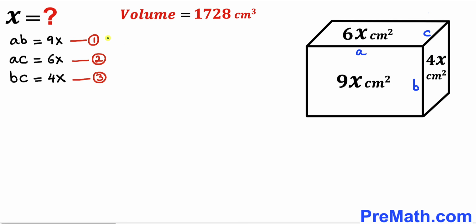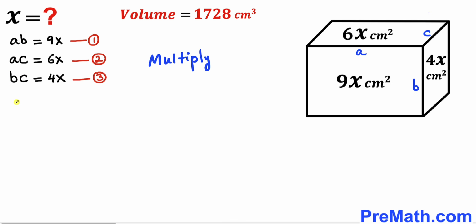And now we can see we have ended up with this system of 3 equations. The first equation is a times b equal to 9x. a times c is 6x. And finally b times c is 4x. And now we are going to multiply out all these 3 equations. On the left hand side, we are going to multiply out these left hand sides.